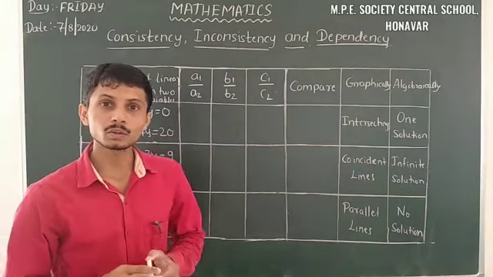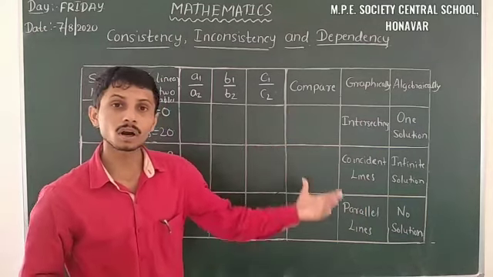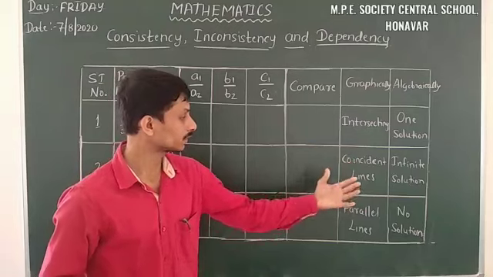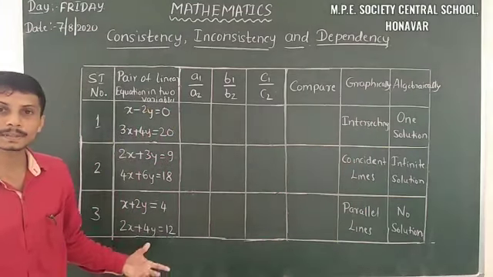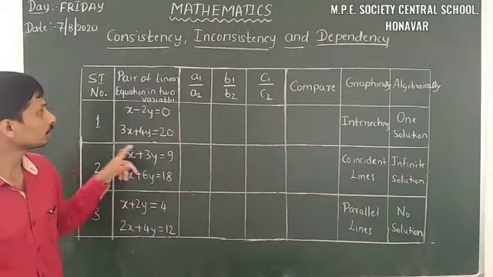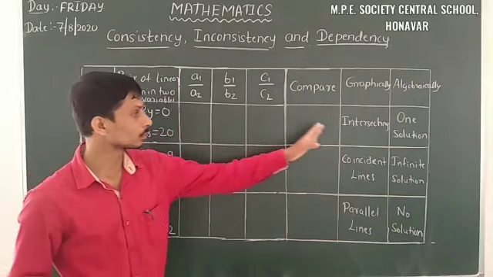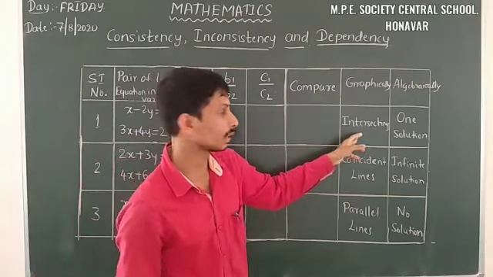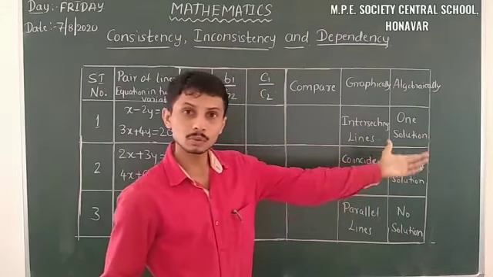We already know about pairs of linear equations in two variables, and whether the lines are intersecting, coincident, or parallel. We took these examples in the last classes. When we take this pair, we get intersecting lines, so there is only one unique solution.